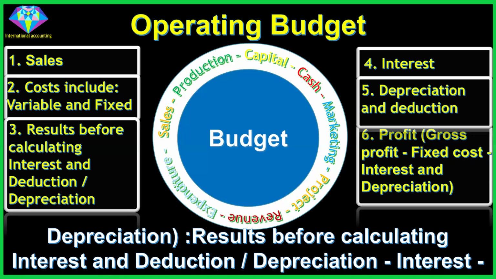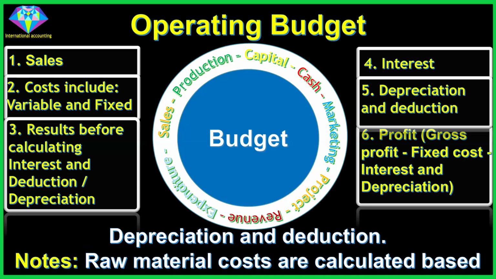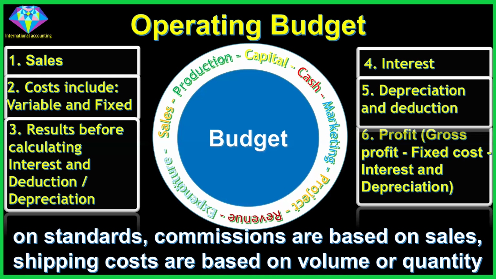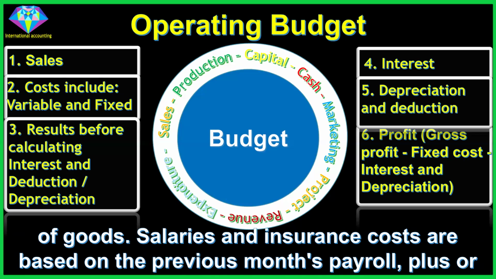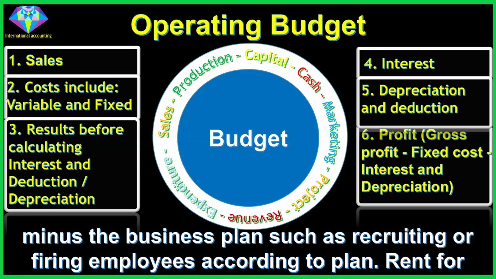Results before calculating interest and deduction, depreciation minus interest minus depreciation and deduction. Notes: raw material costs are calculated based on standards, commissions are based on sales, shipping costs are based on volume or quantity of goods. Salaries and insurance costs are based on the previous month's payroll, plus or minus the business plan, such as recruiting or firing employees according to plan.